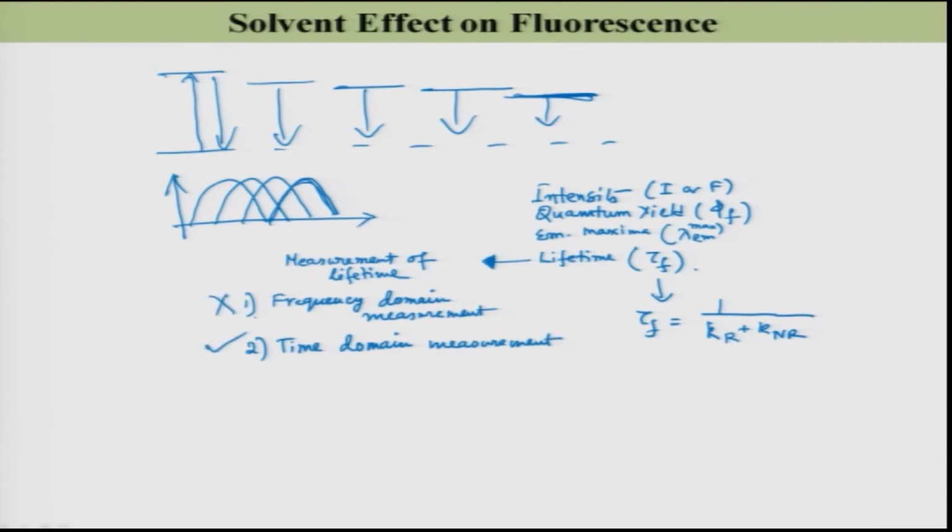In time domain measurement, the idea is very simple: you excite your sample with a short light pulse, and then monitor how the fluorescence intensity changes as a function of time. With this, let me finish here, and we will continue in the next lecture. Thank you very much.